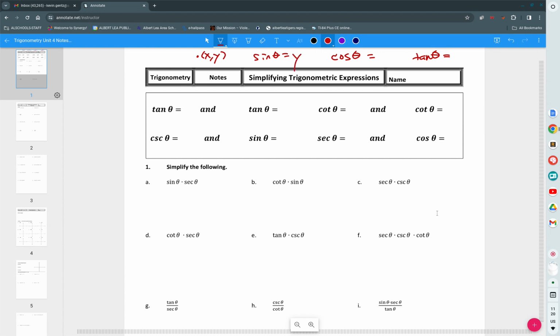Do you remember what we said cosine was equal to? X. It was equal to the x value. And tangent was equal to? Y divided by x. Now what's interesting about that is if cosine is x and sine is y, then wouldn't tangent just be sine divided by cosine? So that's the first piece for today, is that tangent is sine of theta divided by cosine of theta.